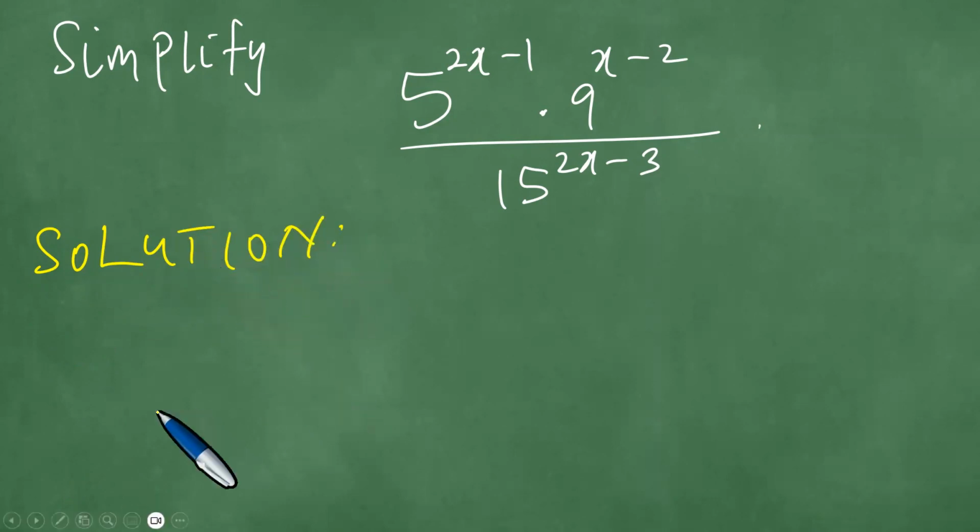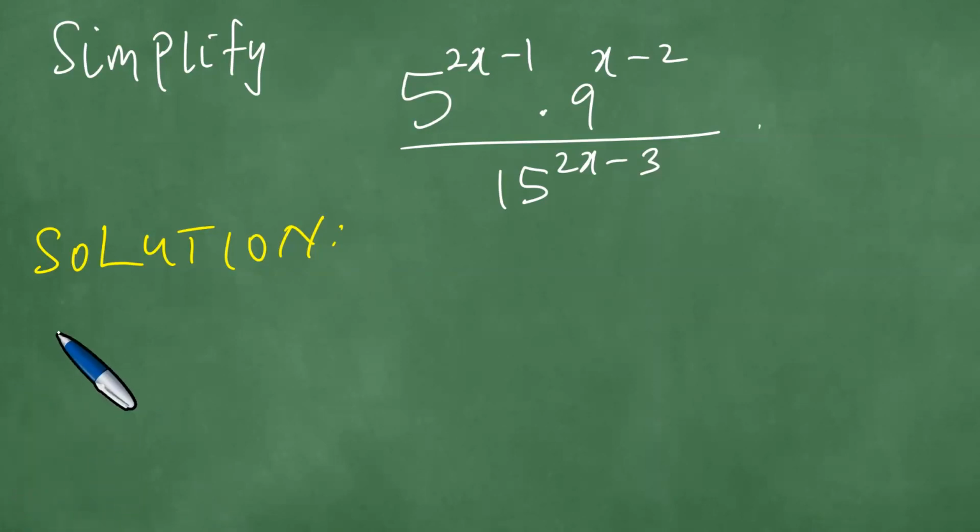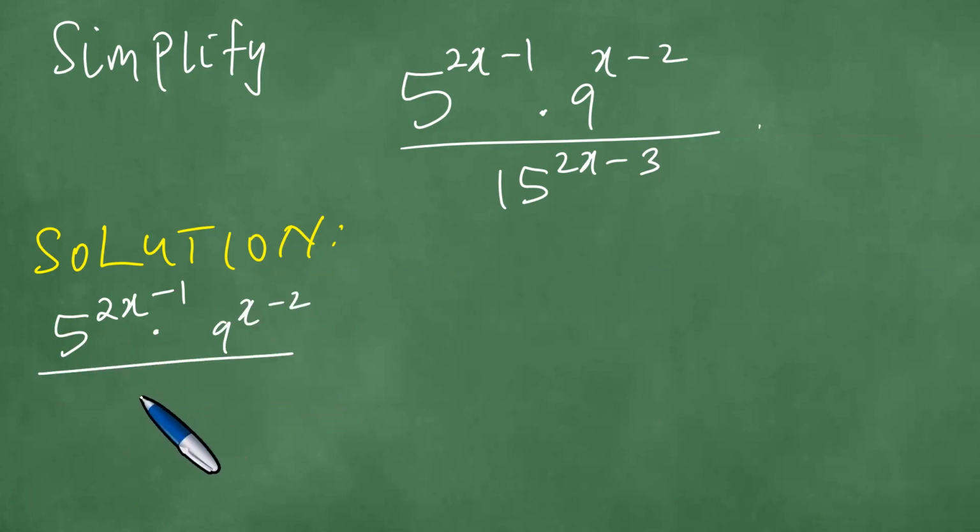What do you think? I'm still doing it. All right. Okay, help us with the first step. What is the first step? Because I want to write something. I said 5 to the power of 2x minus 1, and then times 9 to the power x minus 2.